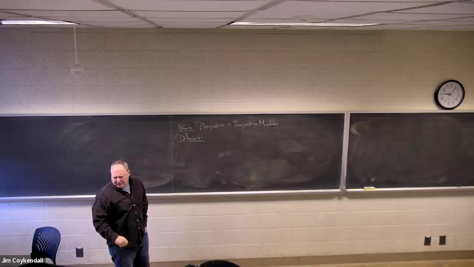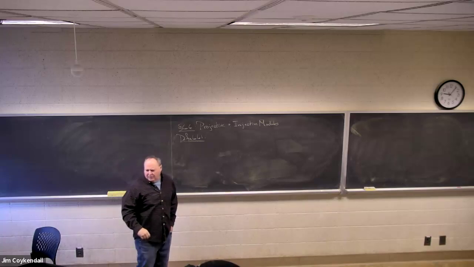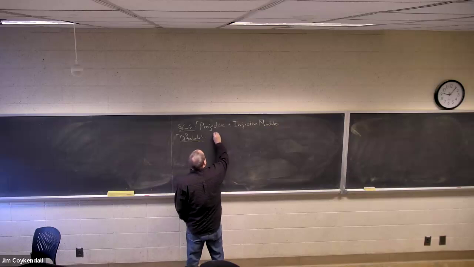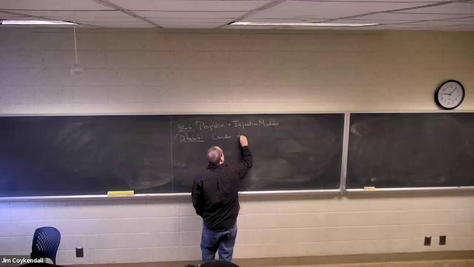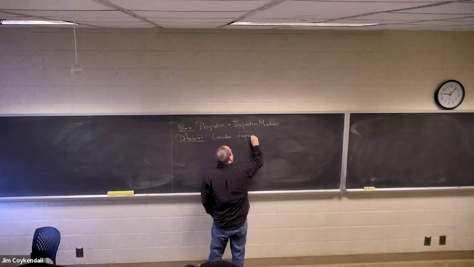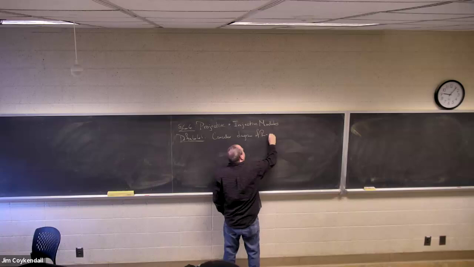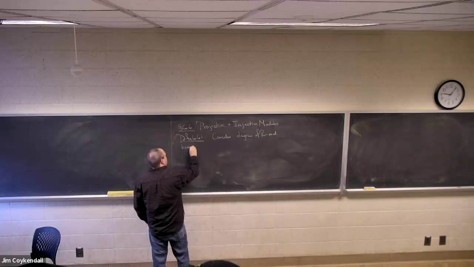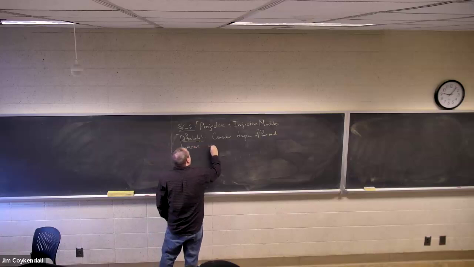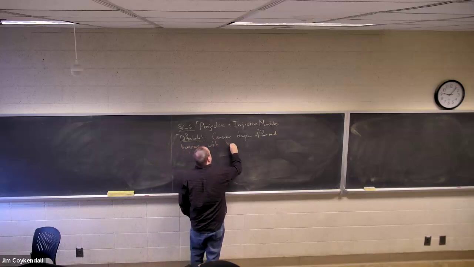Definition 6.6.1. Consider the following diagram of R modules with bottom row exact. R module homomorphisms, where bottom row exact.